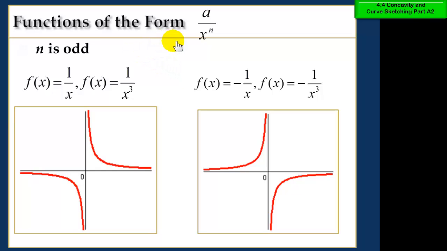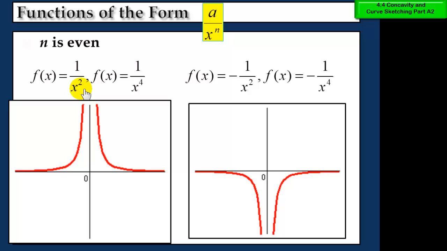Some more functions are the rational functions of the form a over x to the n, like 1 over x, 1 over x cubed, 1 over x to the fifth, and so on and so forth. The general pattern of the graph would look like this. And if you just take the negative, it'll be reflected about the x-axis.